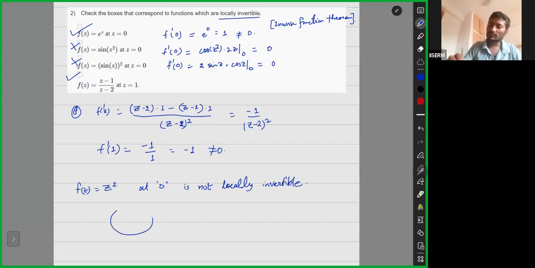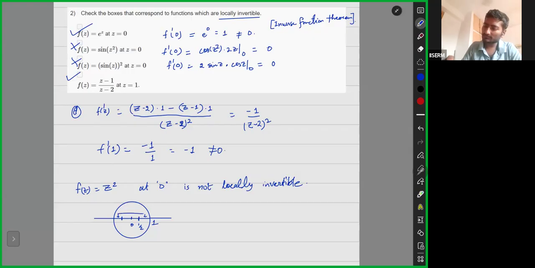So now we are going to see pictures. What is happening? Let's say this is the unit disk. This is the real axis. Here we have 0. If you have, let's say, 1 by 2 here, this is 1. Minus 1 by root 2, which is something bigger, and plus 1 by root 2, something bigger.